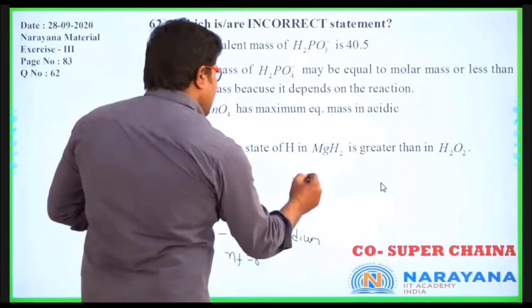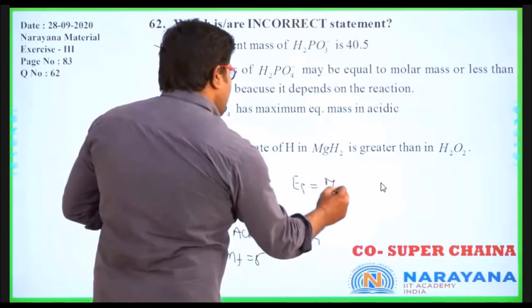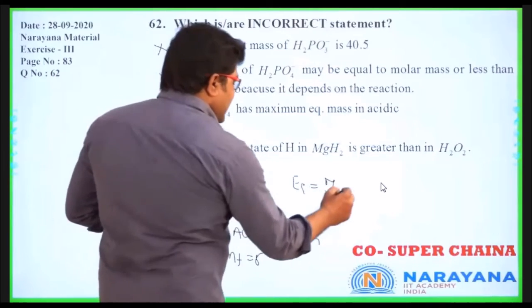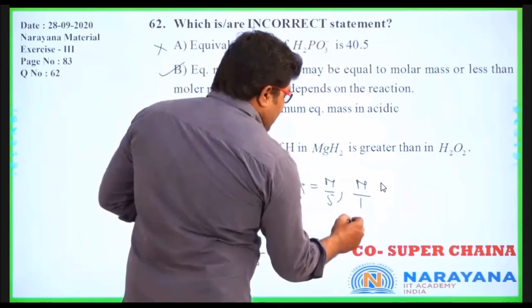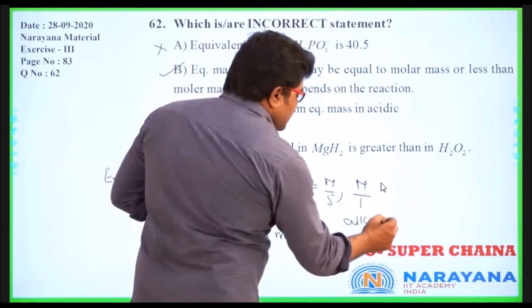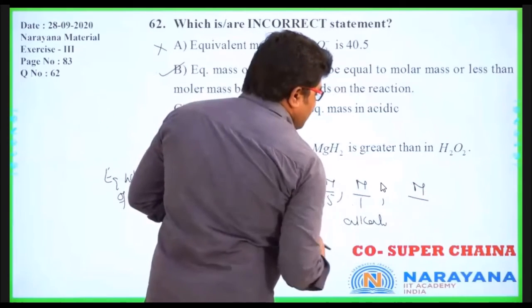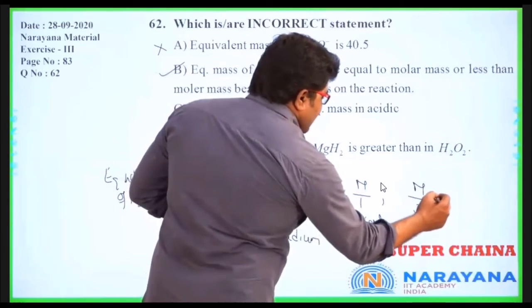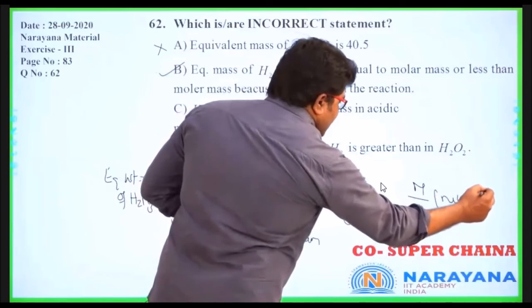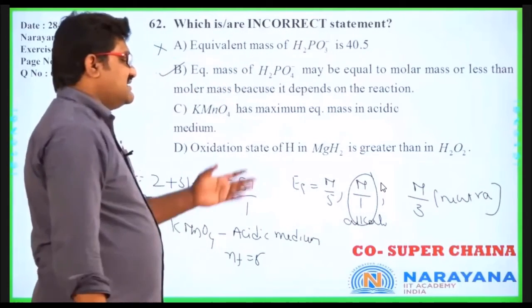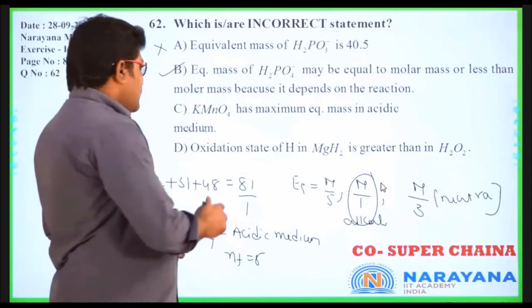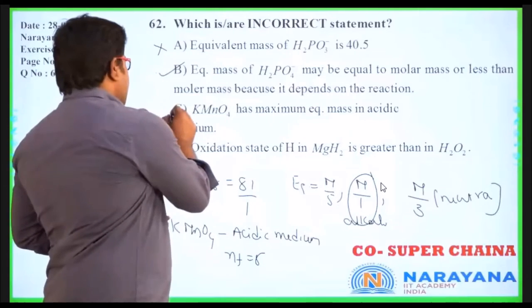So equivalent weight is equal to molecular weight by 5 in acidic medium, molecular weight by 1 in alkaline medium, molecular weight by 3 in neutral medium. So equivalent weight is maximum in alkaline medium because it is just m by 1. So it is also wrong statement.